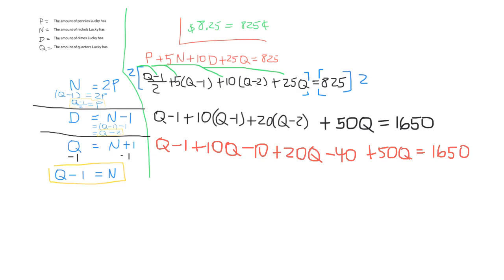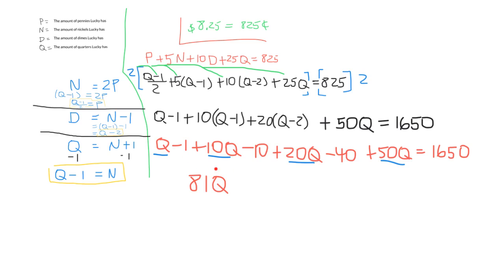I like to draw attention to the like terms. So for example, I'm going to put a blue underline under all the terms that have q in it. That way I can very easily combine those. So let's look at that. Q plus 10q is going to be 11q, plus 20q is going to be 31q, plus 50q is going to be 81q. Now, all the terms that don't have an underline underneath it, I'm going to combine those.